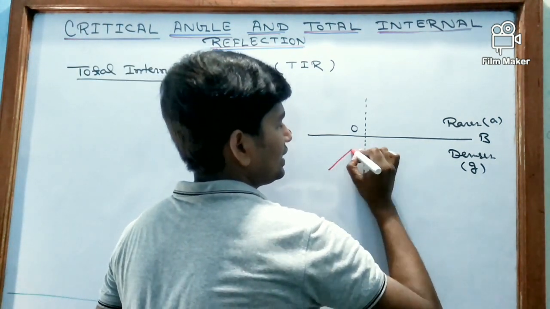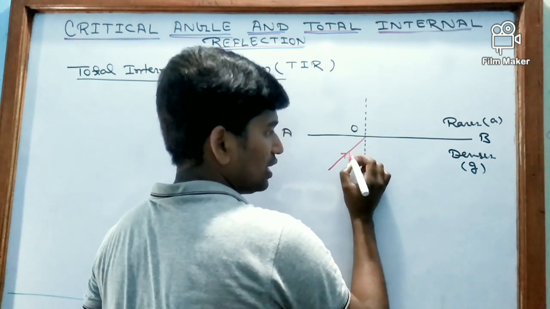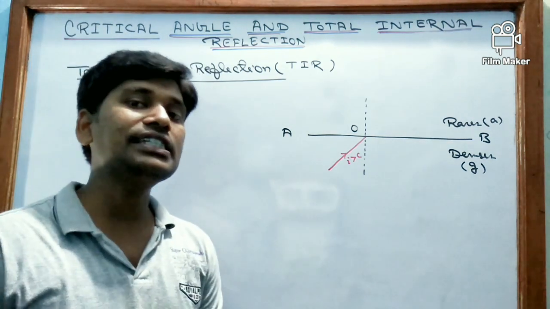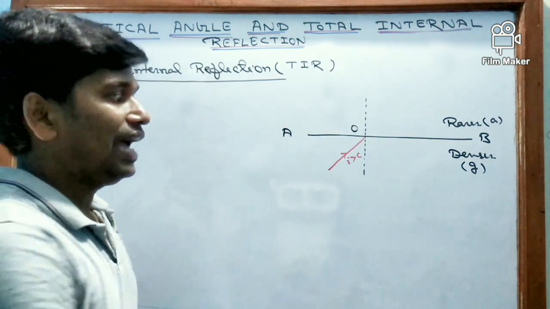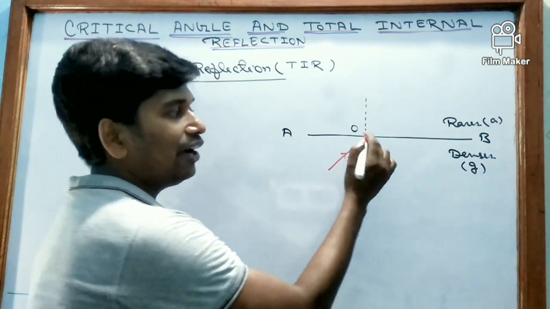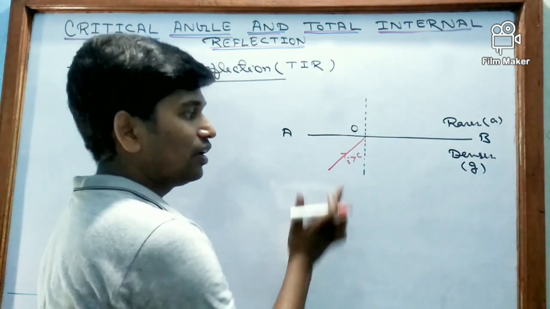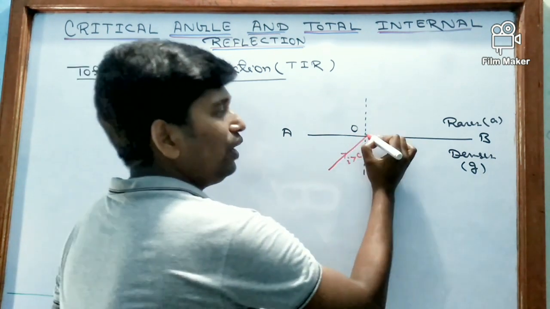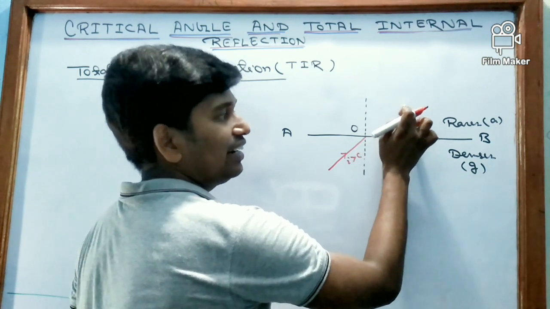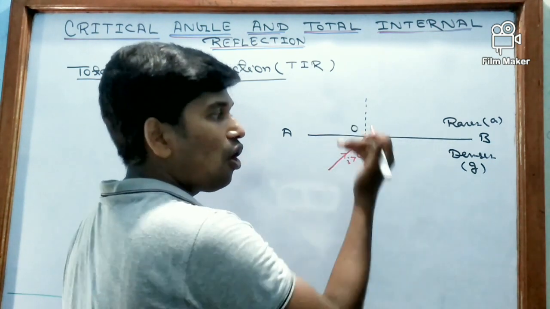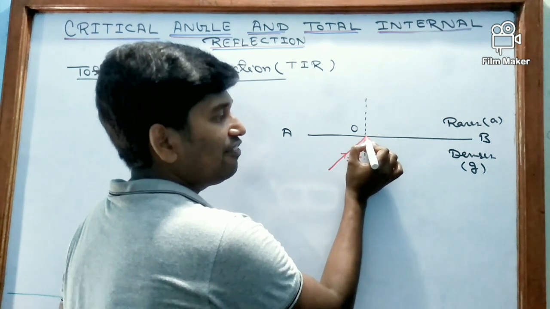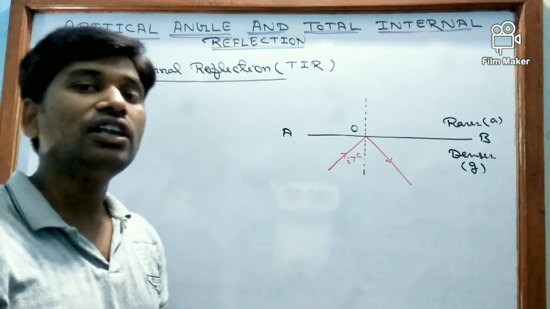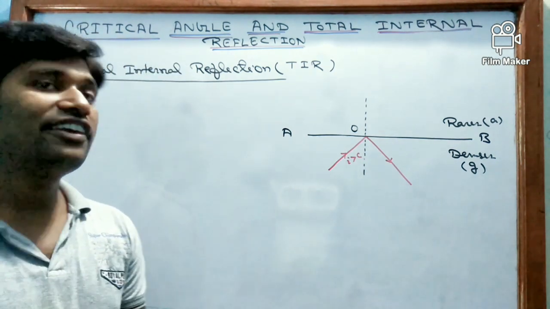Suppose a ray of light is incident at this point and I is greater than C. The angle of incidence is greater than the critical angle. As we know, if I equals C, the angle of refraction becomes 90 degrees. When I is greater than C, we will find that no ray gets refracted into the rarer medium. All the rays of light are reflected back in the same medium. This phenomenon is called total internal reflection.